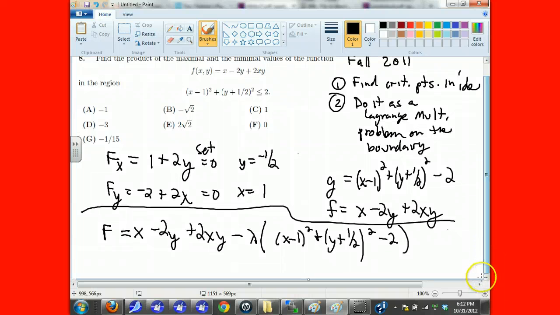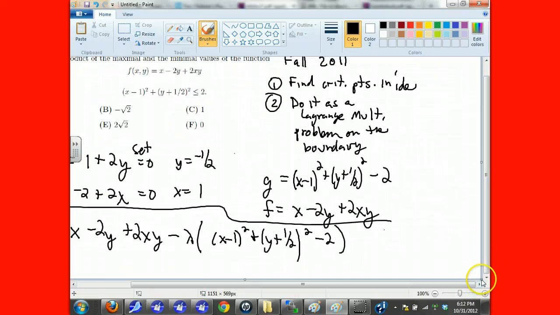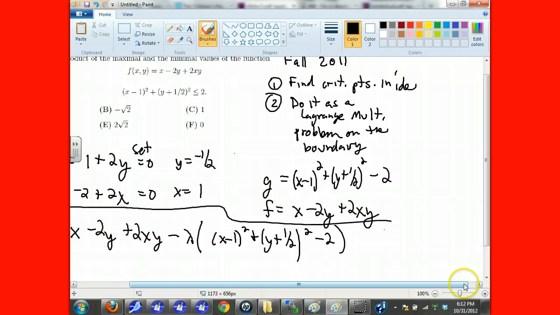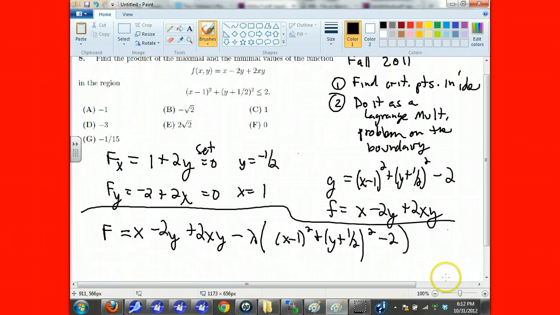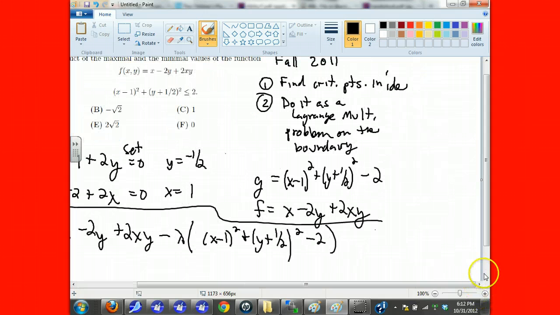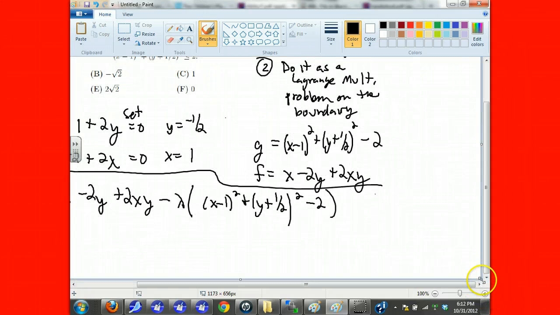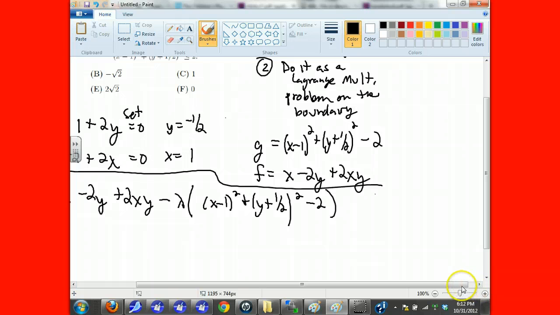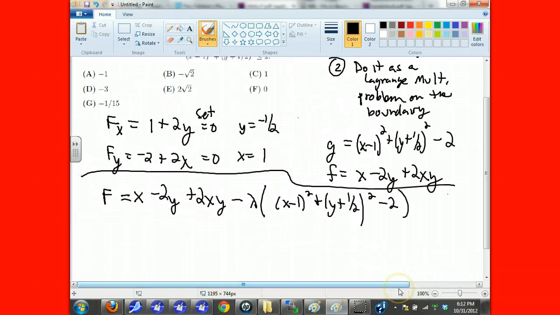You have to take partials: the partial with respect to x, the partial with respect to y, and the partial with respect to lambda, just as the constraint. Trying to solve where the partials with respect to x and y are equal to 0 is tough. I think you end up solving for lambda in both as a technique that'll work.